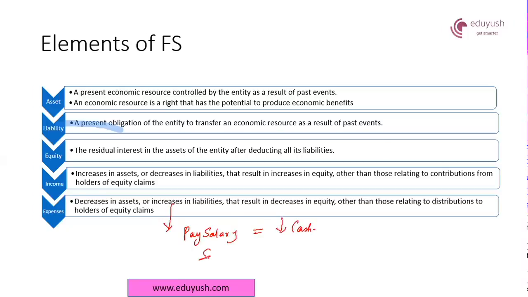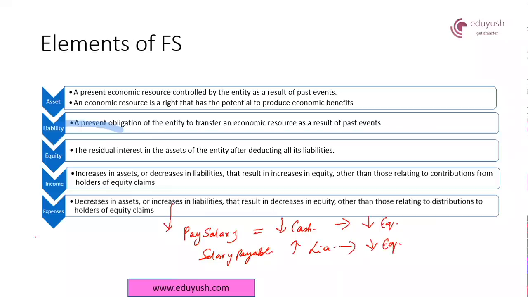Or if it is salary payable, we are going to increase a liability, which is salary payable. When I pay the salary, it will decrease my equity, and it has nothing to do with my shareholders, so it is an expense.